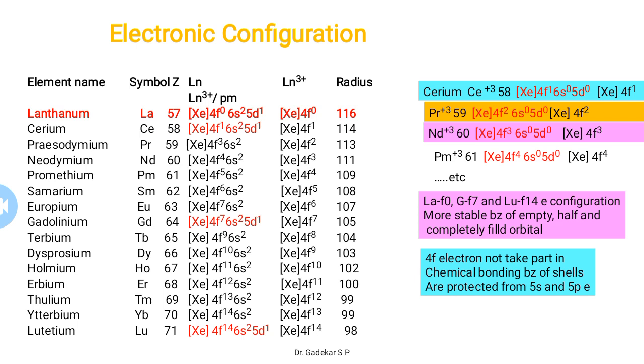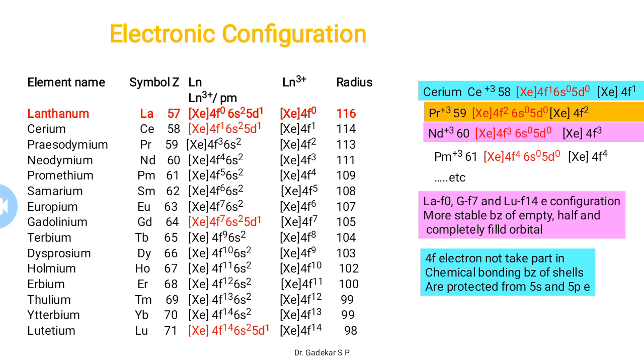And lastly, lutetium in the +3 oxidation state has 14 electrons, f14, a completely filled orbital. So lanthanum with f0, gadolinium f7 and lutetium f14 are more stable because of empty, half filled and completely filled orbitals.